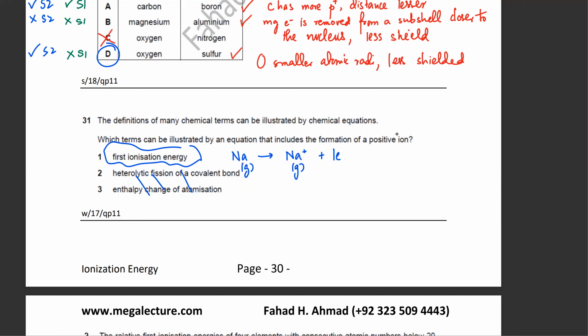That's the definition of ionization energy, the energy needed to remove 1 mole of electrons from 1 mole of gaseous atoms to form 1 mole of +1 ions. So it is the formation of a positive ion. So the first option is correct.